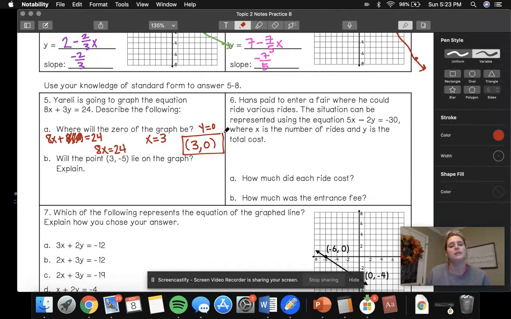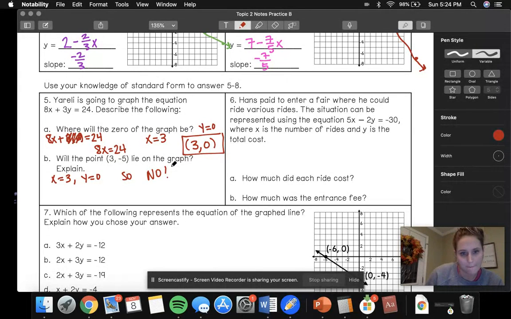Okay. Part B says, will the point (3, negative 5) lay on this graph? Okay. Well, we just actually figured out when we put an input of 3, we're going to get out 0 because we solved this equation or found this 0. So when x equals 3, y equals 0, so it does not cross at negative 5.